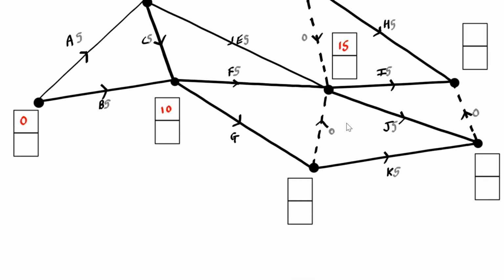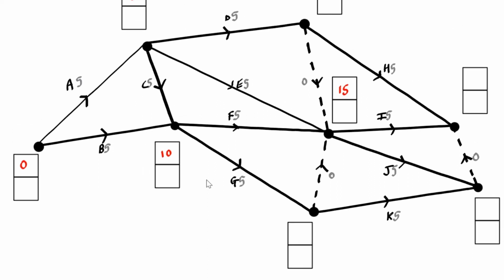Now, G of course has a duration of 5. 10 plus 5, you'd find that to be 15. 15 plus 0, we still take forward the 15. 15 plus 5, that would be 20. 15 plus this 5, that would be 20.